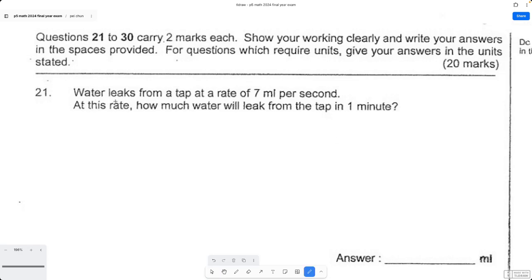It says here, water leaks from a tap at a rate of 7 milliliters per second. At this rate, how much water will leak from the tap in 1 minute?